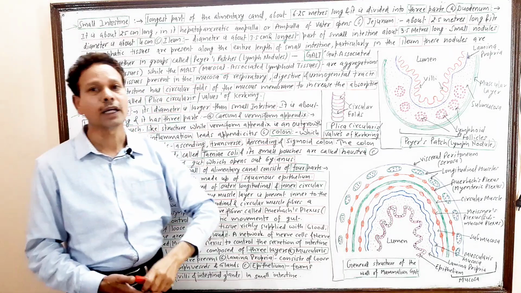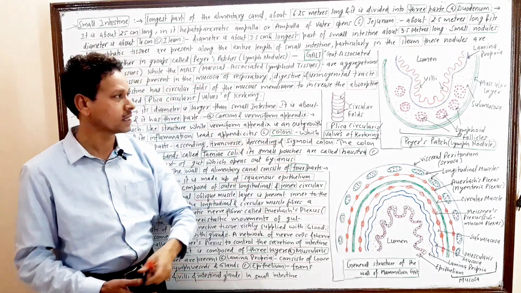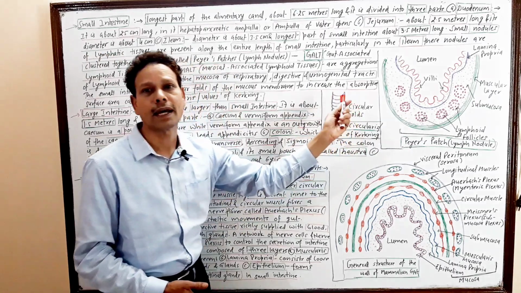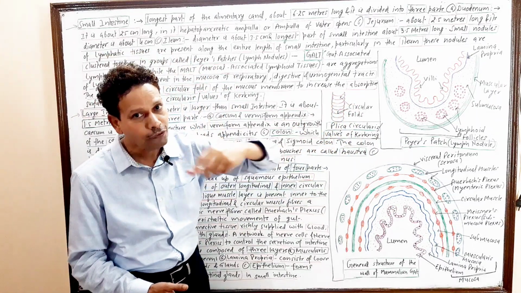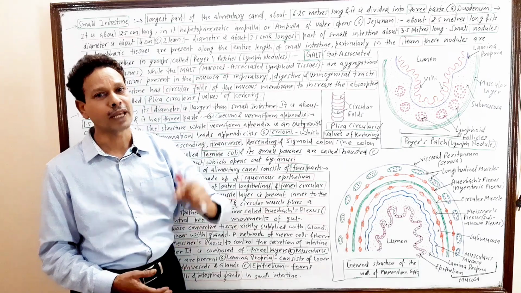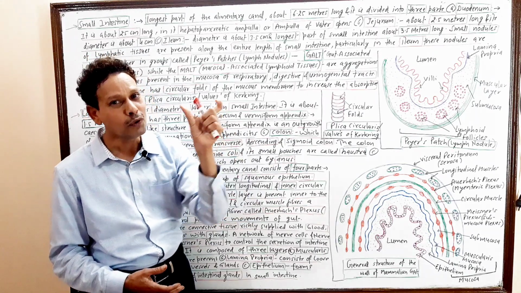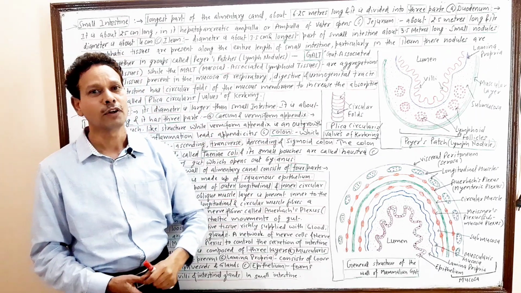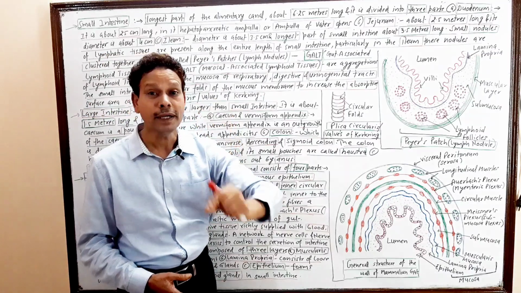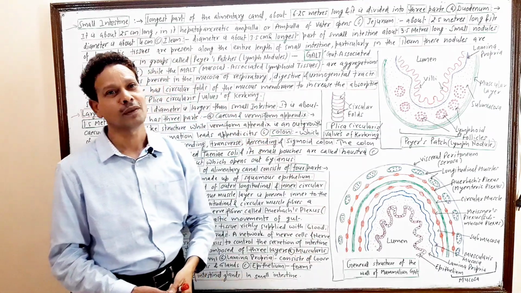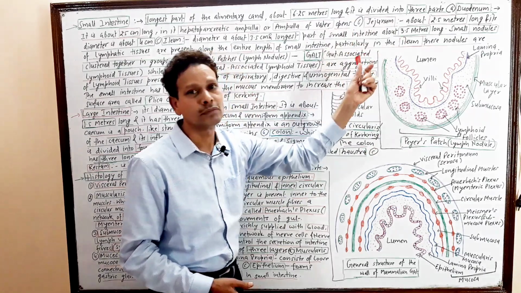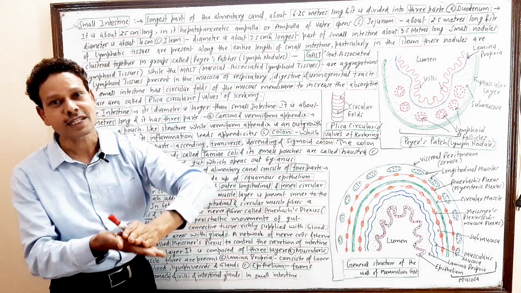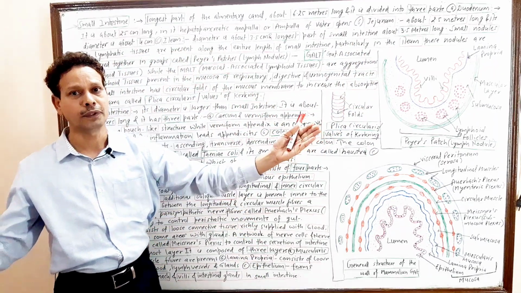Another important point, another important question for NEET students. In this small intestine, circular folds are present, means mucosa, mucous membrane of small intestine. Particularly these are abundant in jejunum, because jejunum is the main site of absorption of food.